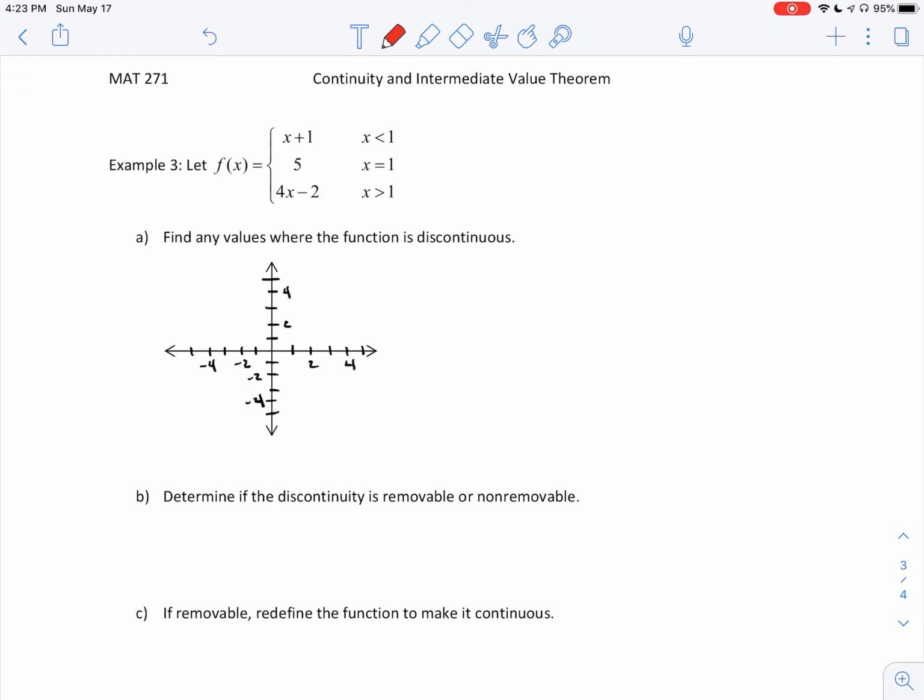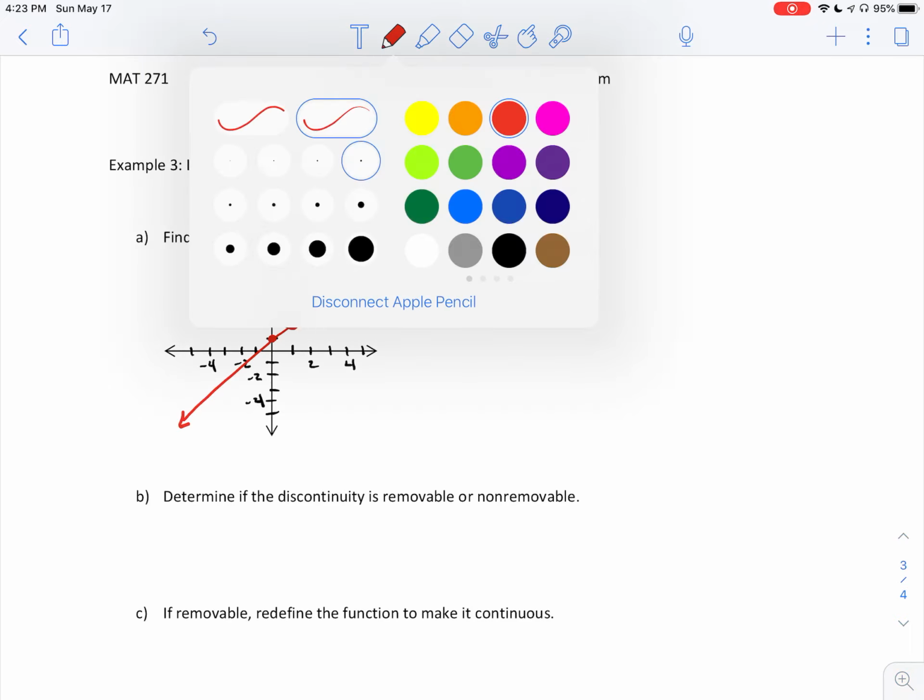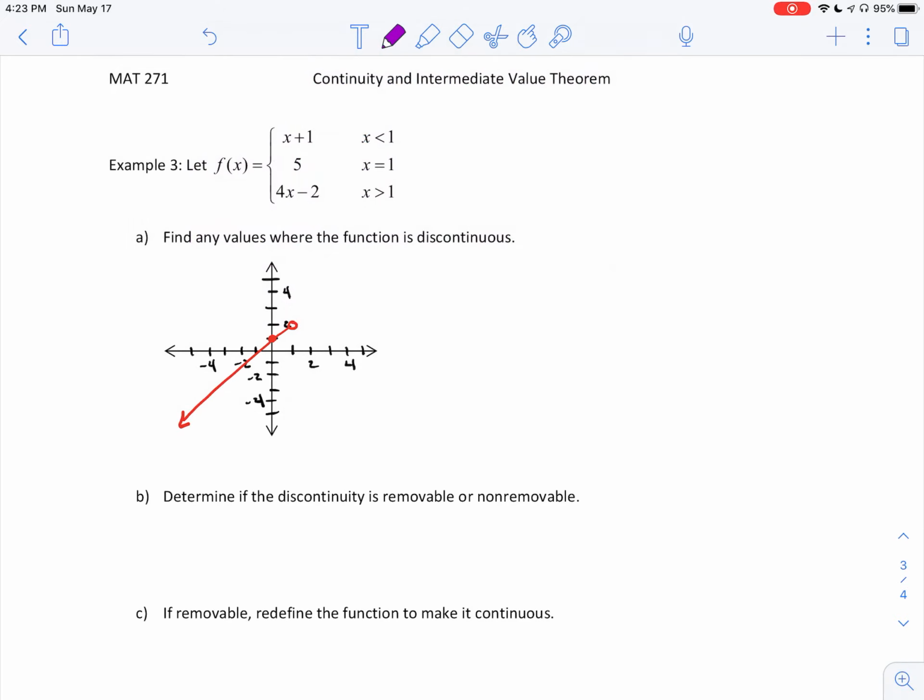So that's just going to be a linear function with a y-intercept of 1, and it goes up until x equals 1. So that first piece is going to look something like that. Then we have f of x is equal to 5 when x is equal to 1. So we'll have that point up there.